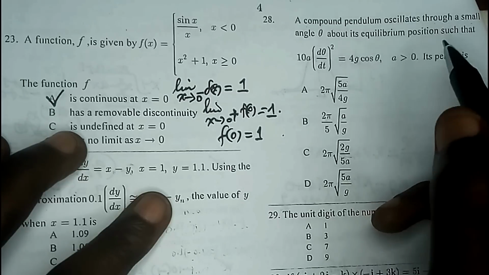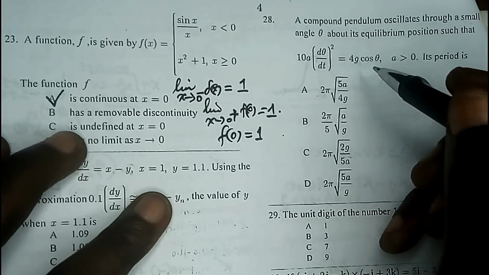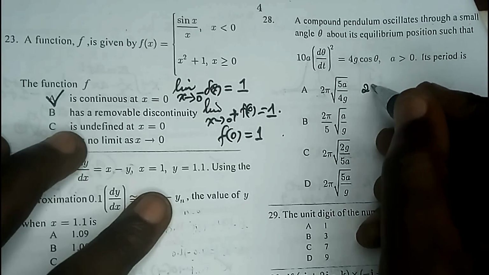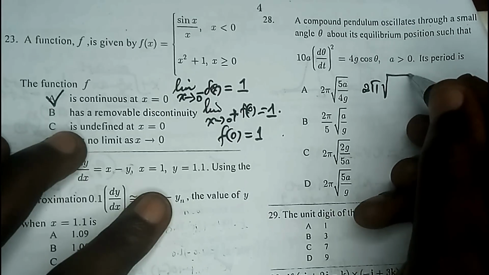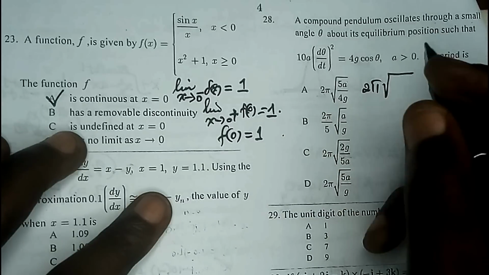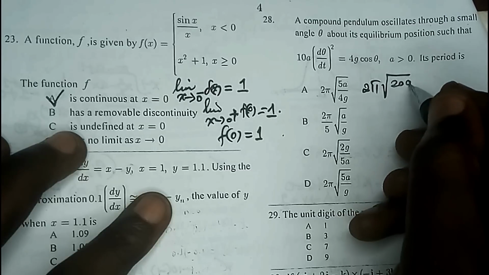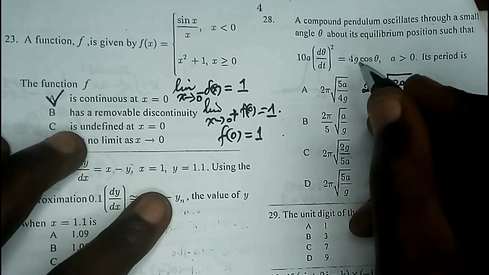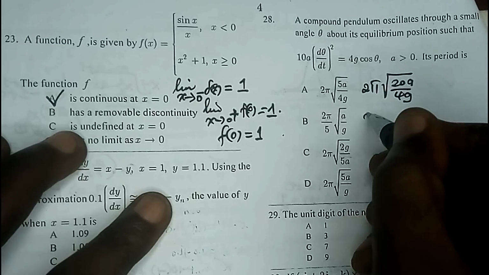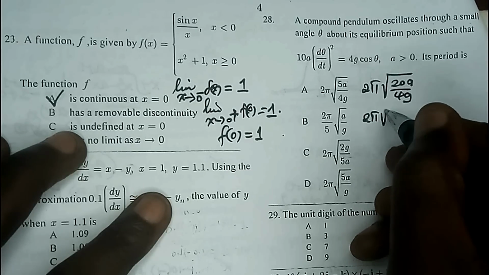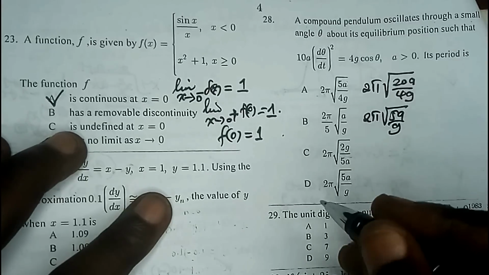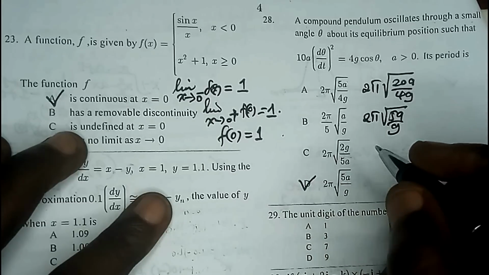And to get the period, actually, you have to differentiate this equation. So a quick way of getting the period would be 2 pi the root of this coefficient times 2, which is 20a, divided by the coefficient of cos theta on this side, which is 4g. And this gives us 2 pi the root of 5a on g, which is D.